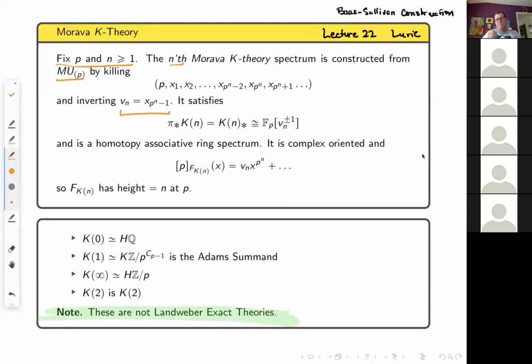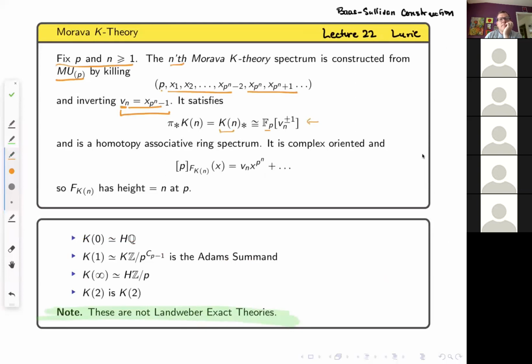Maybe I got the order wrong. Maybe you kill all of these, you invert this, and then you kill all of these, okay? But you do some process, and then you invert this Vn. You've modded out by p, so you get Fp, and all you're left with is a theory which we call Kn, whose homotopy groups is this ring here, okay?